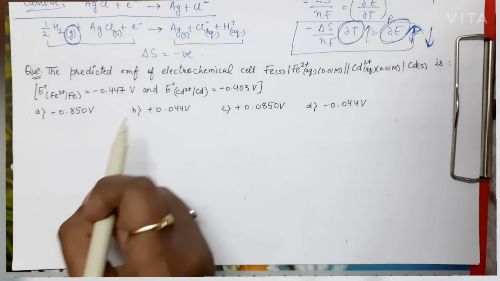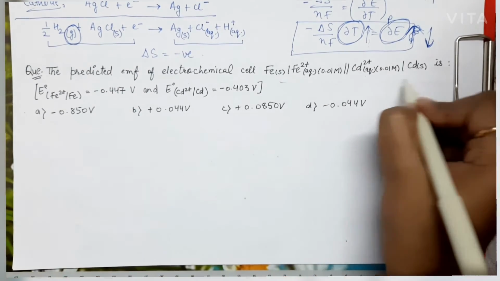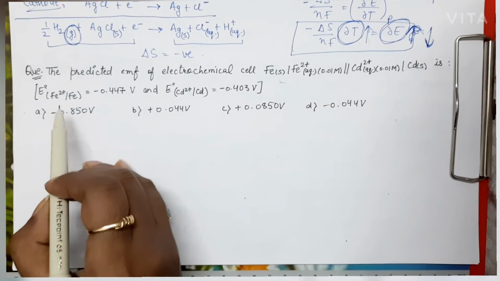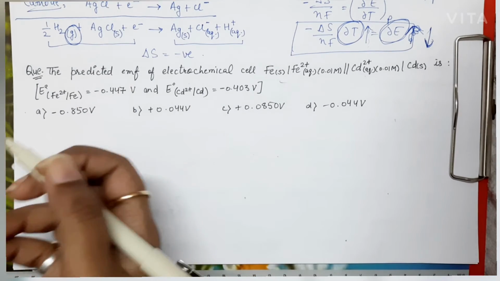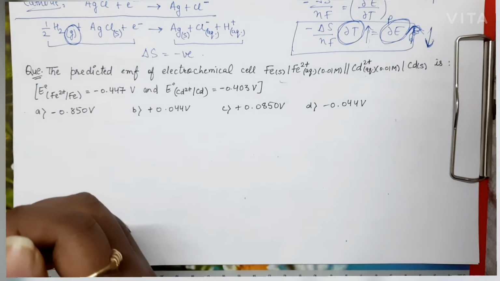So in this next question they have given an electrochemical cell and they have given the E naught values for anodic and cathodic compartments, right?